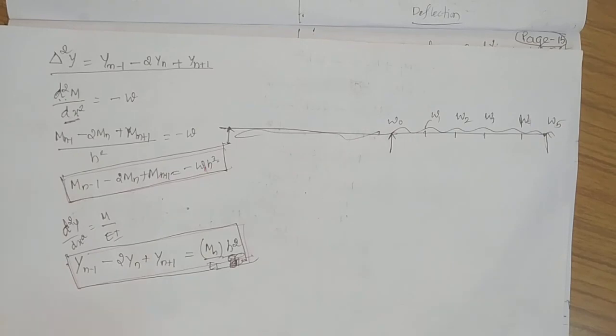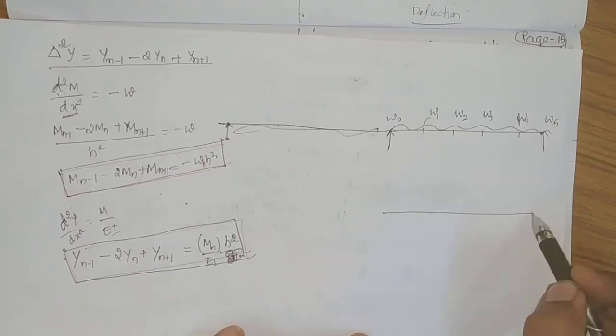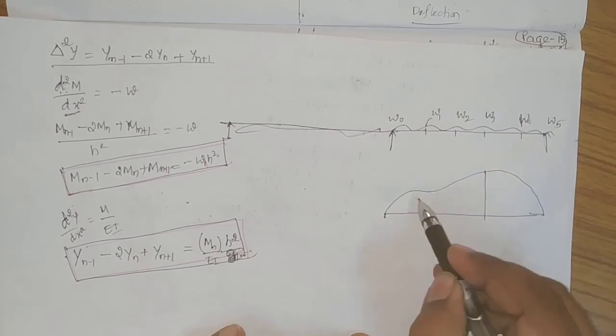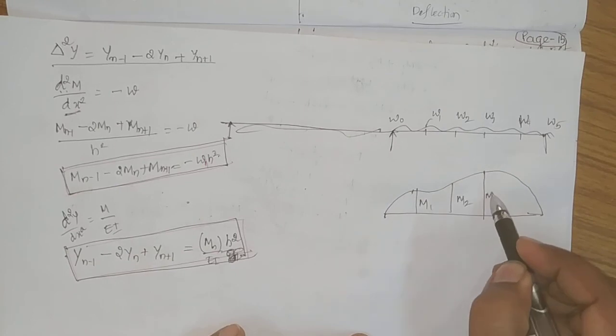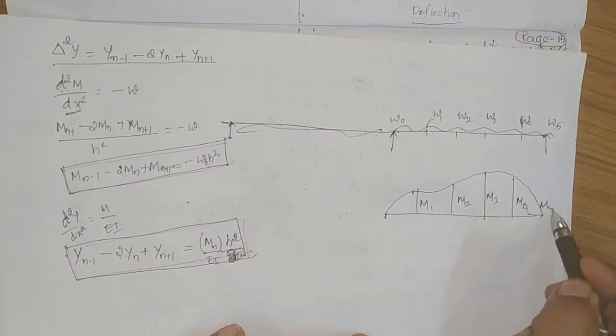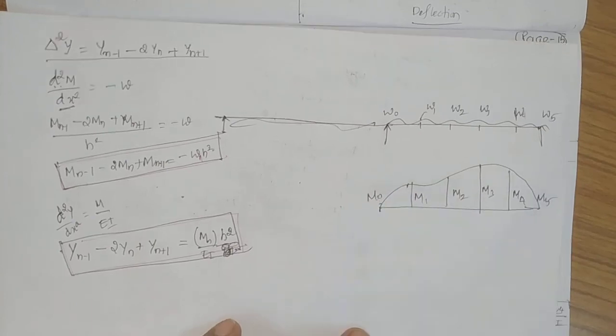Then assume the bending moment diagram, and let those bending moment values be M1, M2, M3, M4 and M5, and here M0.